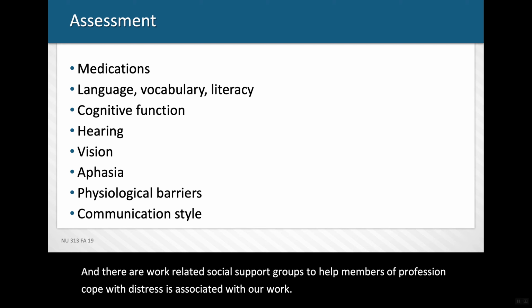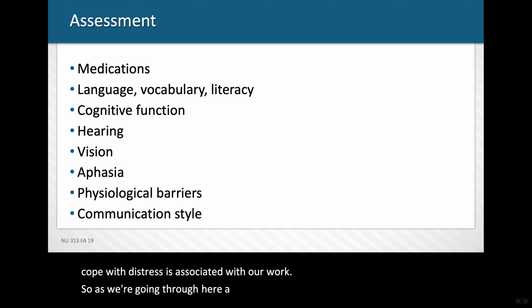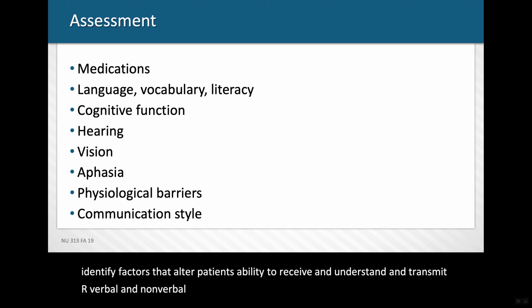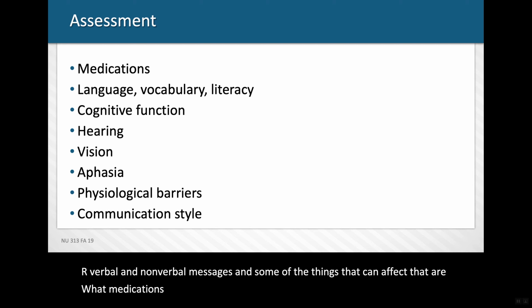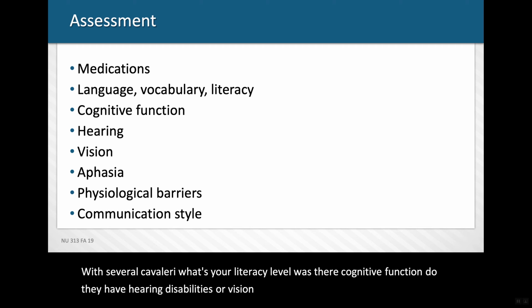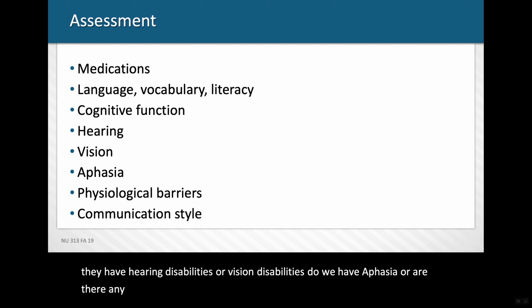As we're going through a focused assessment, we should be able to identify factors that alter a patient's ability to receive, understand, and transmit our verbal and nonverbal messages. Some of the things that can affect that are what medications they're on, what's their language, their vocabulary, their literacy level, their cognitive function, do they have hearing or vision disabilities, do they have aphasia, or are there any psychosocial barriers we need to be aware of, and what's their overall communication style.